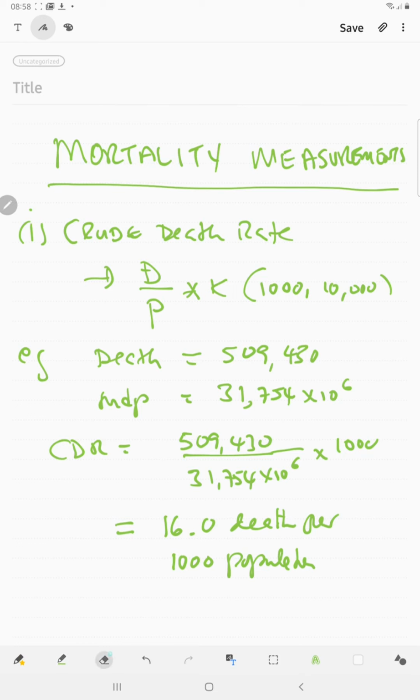Now the other measure of mortality is what we discussed in fertility, which is called age specific death rates. On the age specific death rate, we look at the deaths of the people by age category.